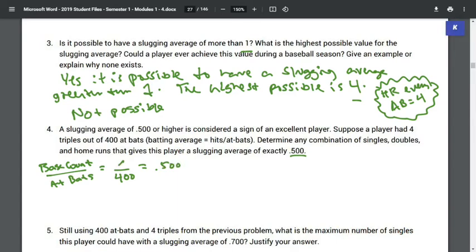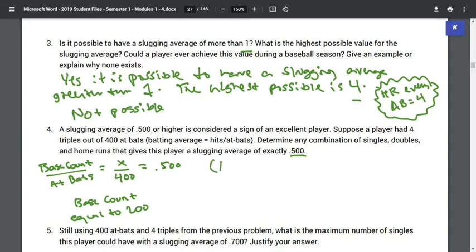I need to think about what number goes up here for my base count to equal 0.5. Just because it's 0.5, it's pretty easy math: we need a base count equal to 200. So our numerator essentially has to equal 200.